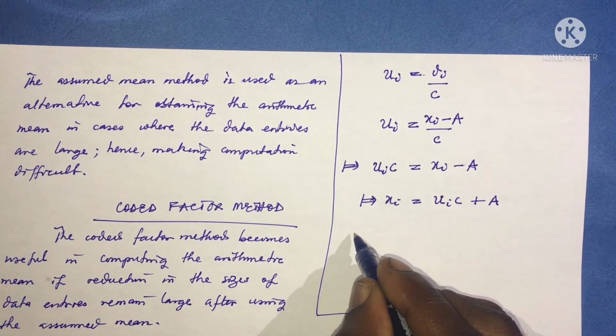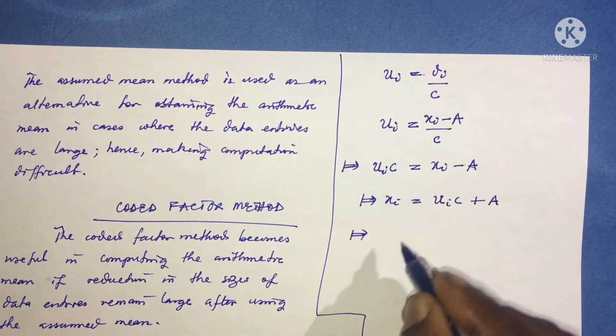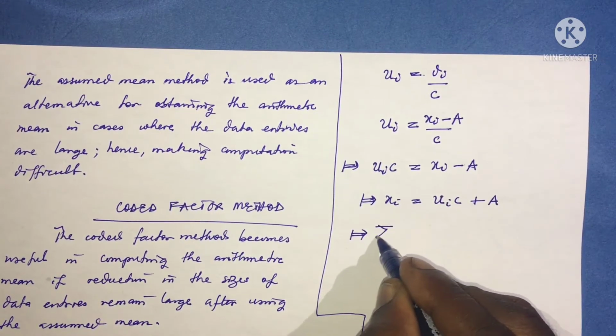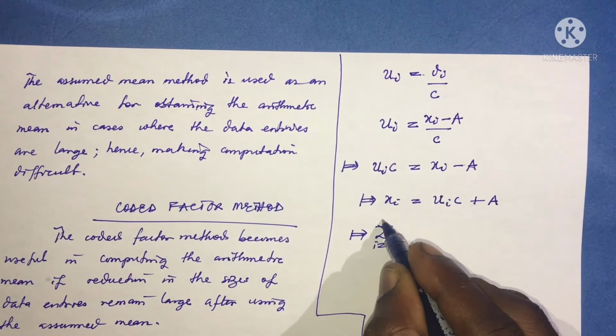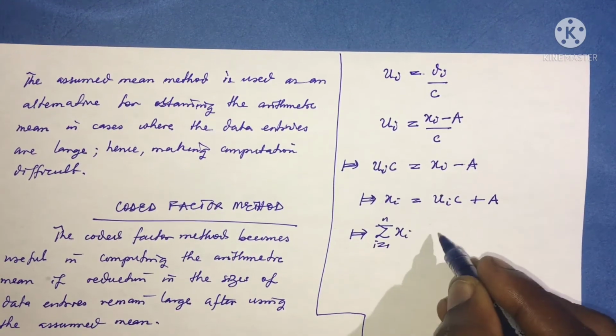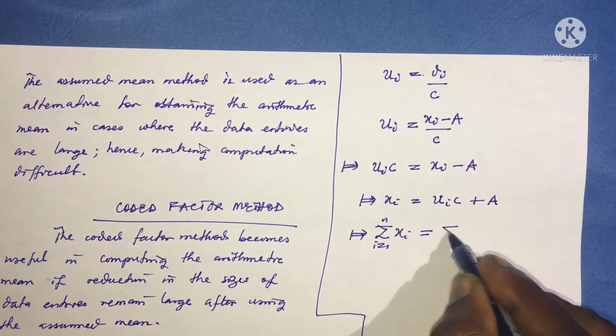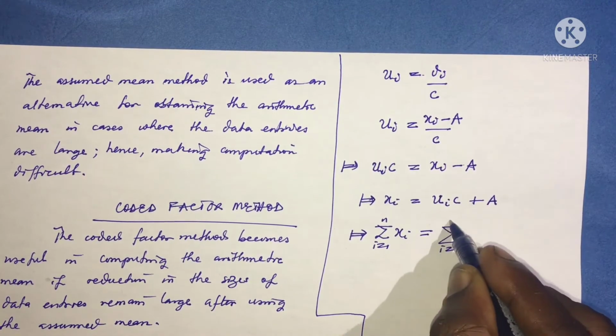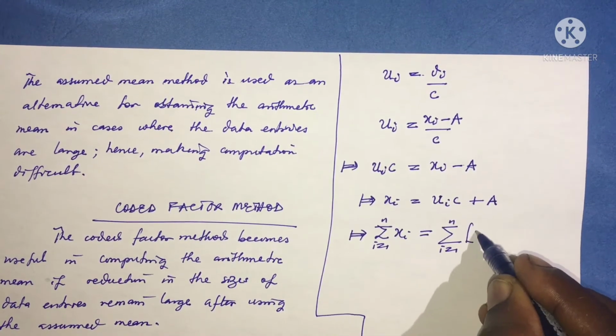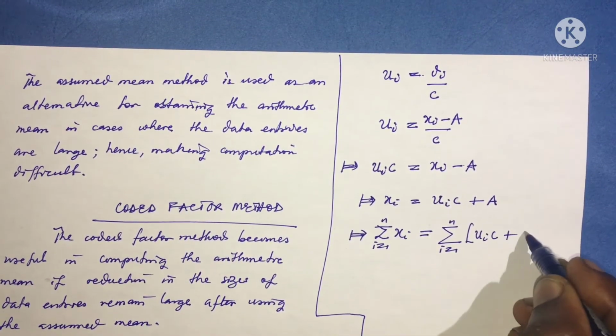Okay? When we make xi the subject of formula, we are going to have uic plus a. So now, because we are discussing the coded factor method for a case with no frequencies, we are going to start with taking summation from i equals 1 to n of xi, and that would imply taking summation from i equals 1 to n of everything here plus a.